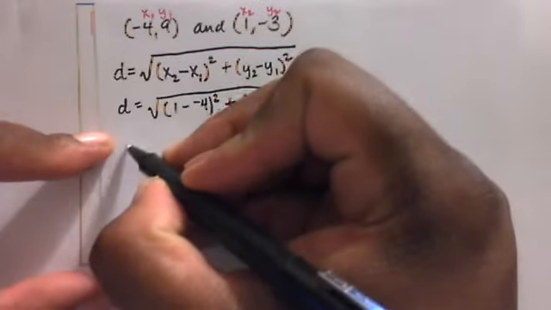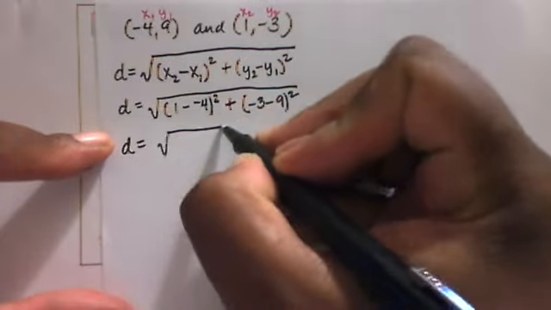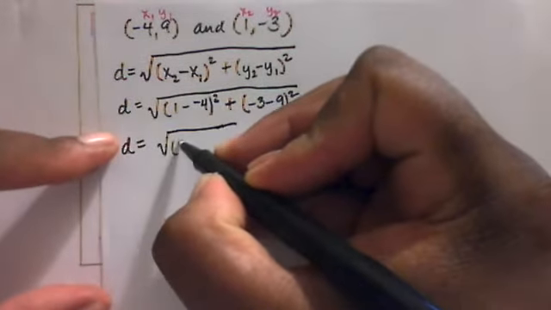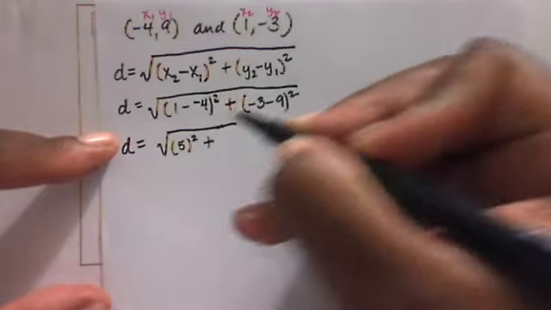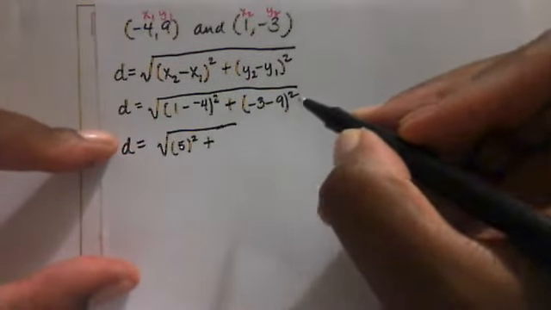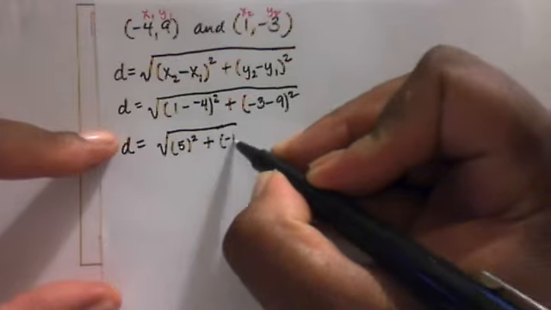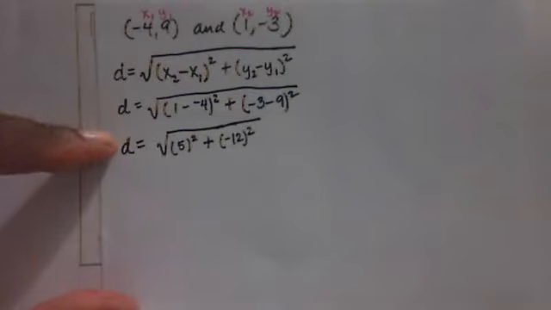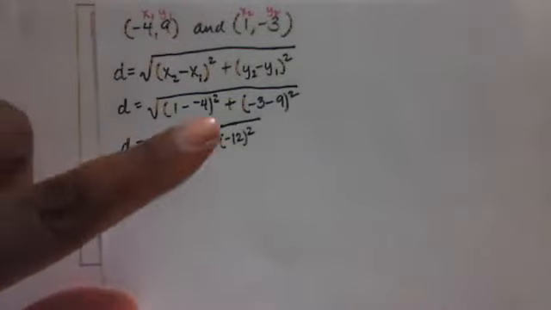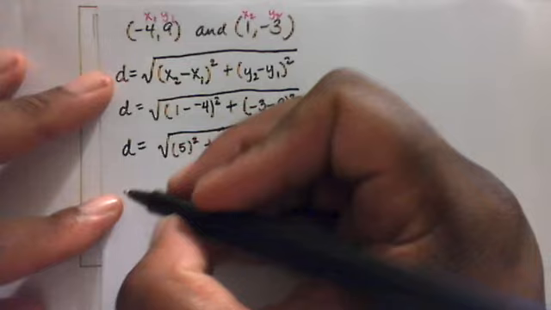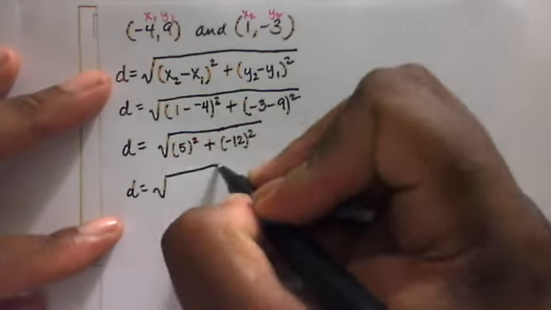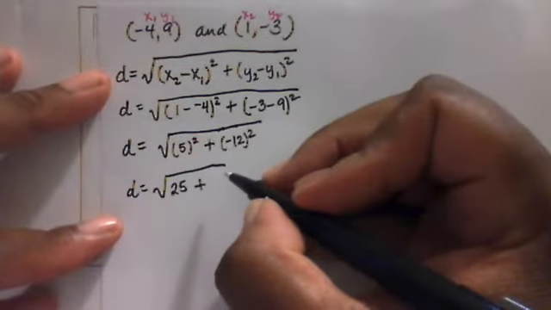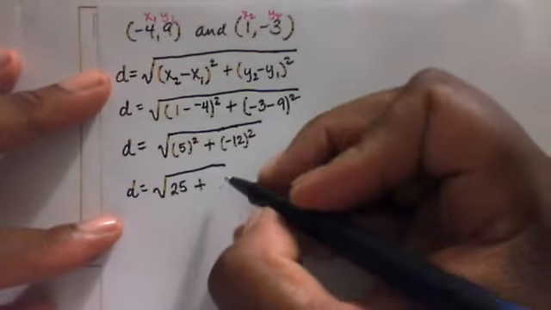Now all we have to do here is just simplify what's underneath the radical. 1 minus a -4, and that's going to be 5. So here we're going to have 5 squared plus -3 minus 9 is -12, so that'll be -12. And that's going to be squared. And then we square the 5 and square the -12. In this case here, 5 squared is 25, plus -12 squared is -12 times -12.